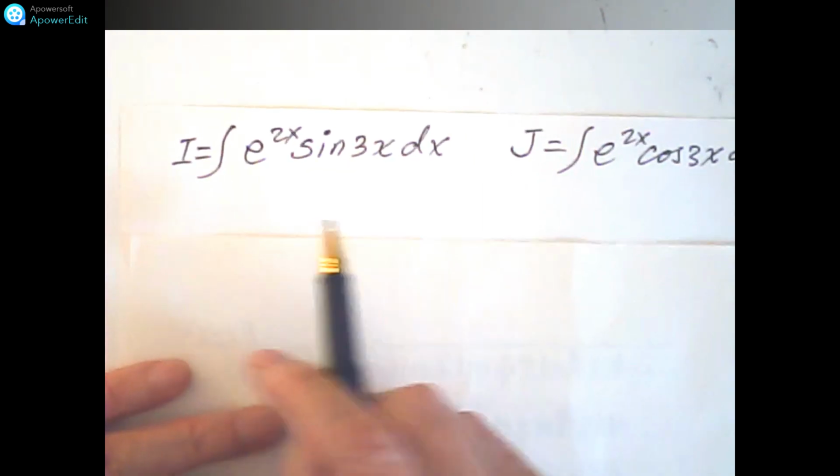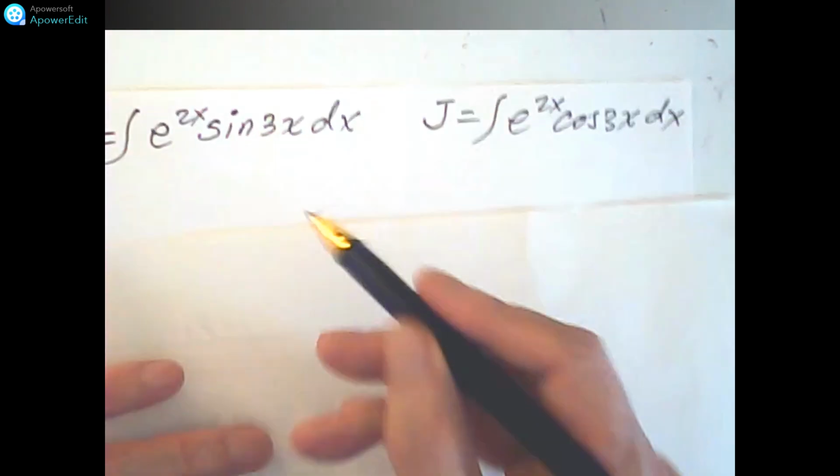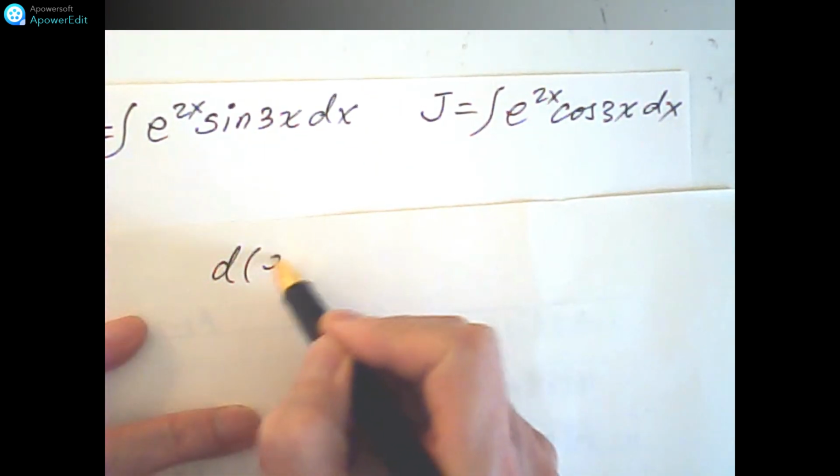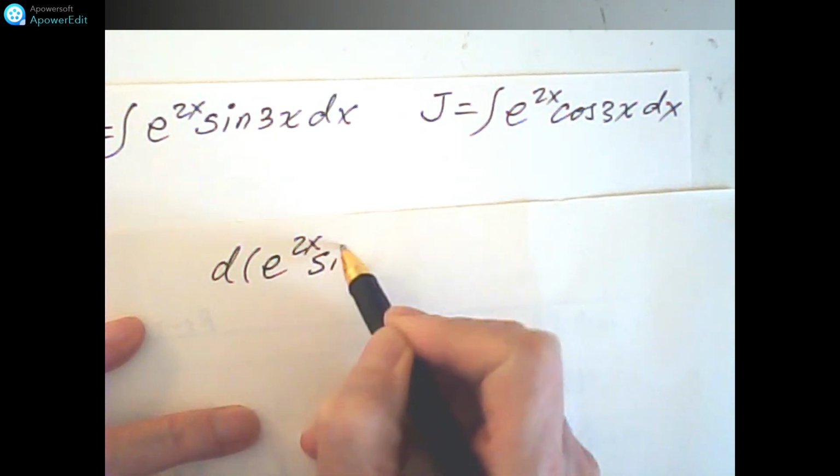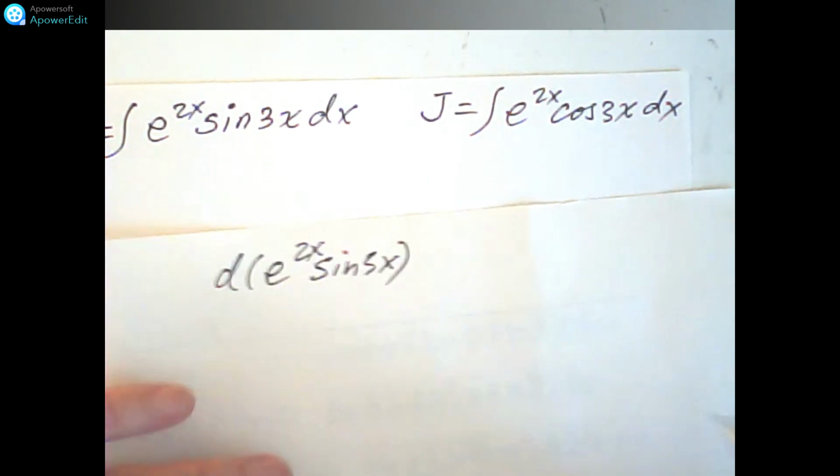Now, the idea is that I try to get e to the 2x sine 3x.